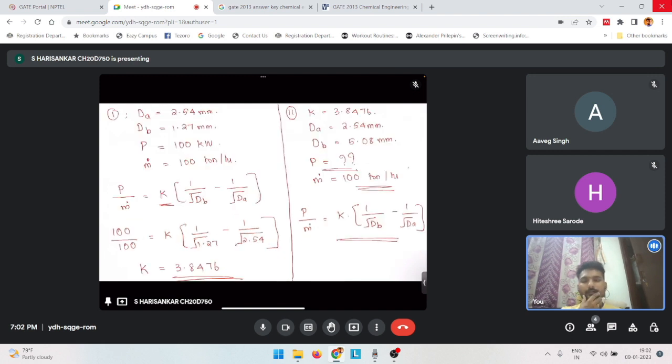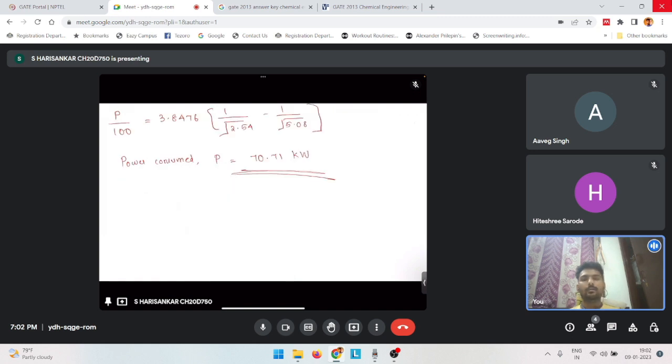Then we supplied this constant K to case 2, and using the values given for the next case, we found the power consumed for the second case, and that came out to be 70.71 kilowatt, which is roughly equal to 71 kilowatt power.